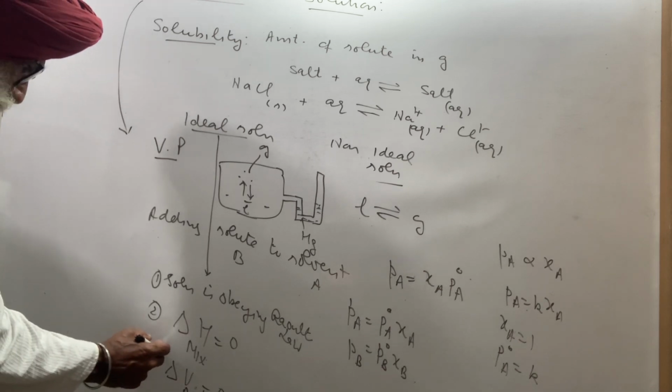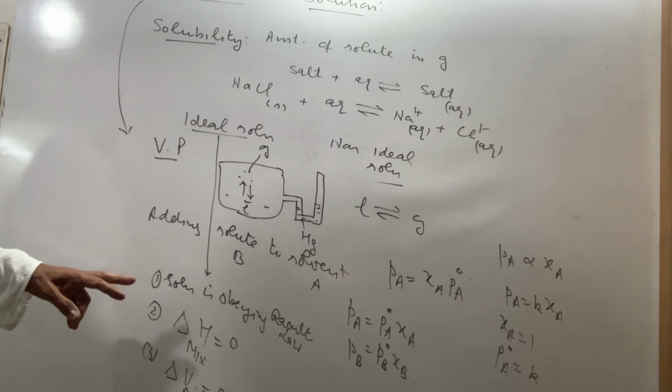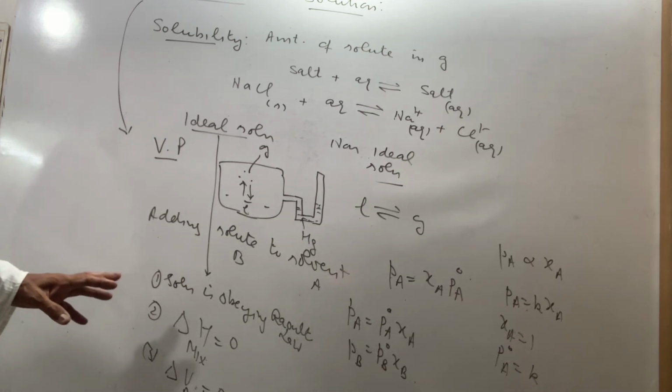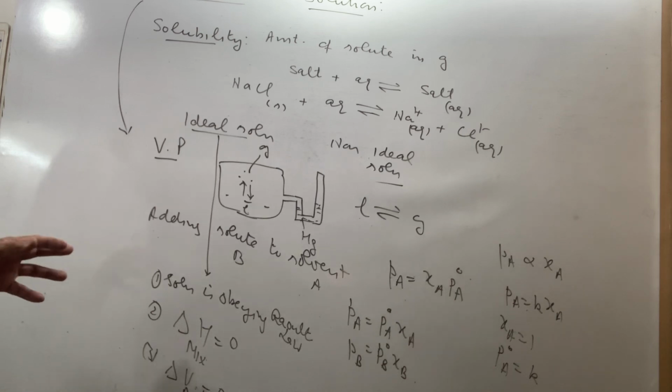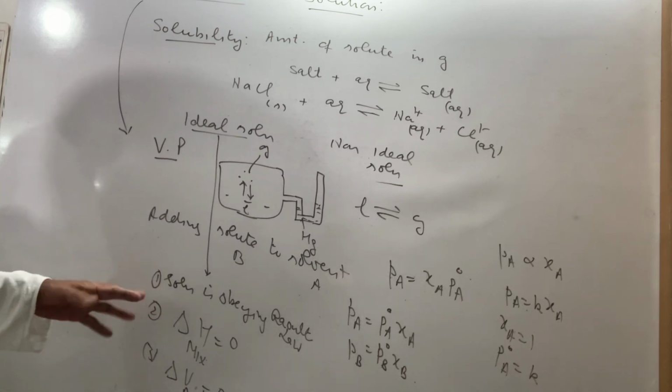So here, for example, you are having benzene and toluene. Upon mixing, what will happen? The van der Waals forces of attraction are there in benzene, and the same type of forces are there in toluene. So when you are mixing them, no change is taking place.